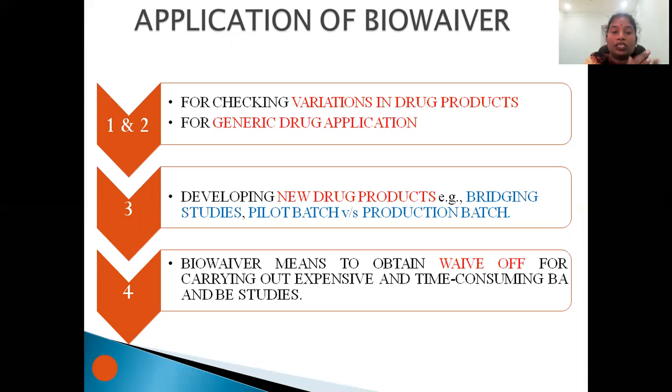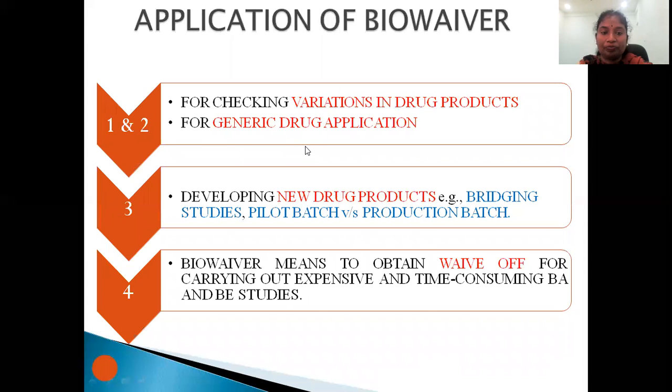At that time it is very useful. Biowaivers avoid expensive studies, and we can reduce the cost and the time by these biowaiver studies.